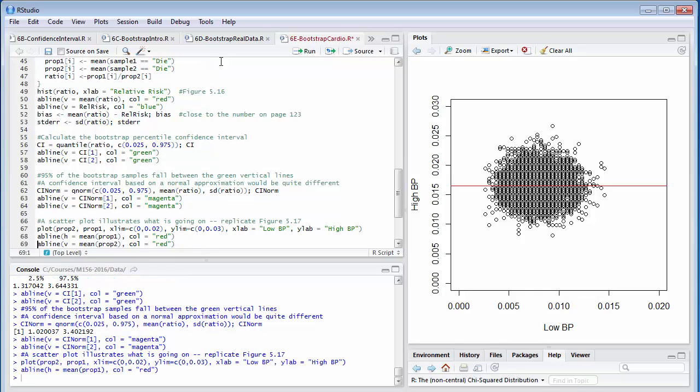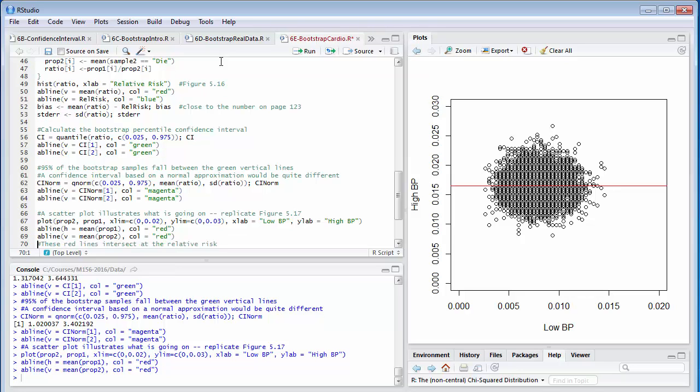That horizontal line represents the mean proportion of deaths in the high blood pressure group. The vertical line does the same thing for the low blood pressure group. And where they intersect is the ratio that gives us the so-called relative risk.